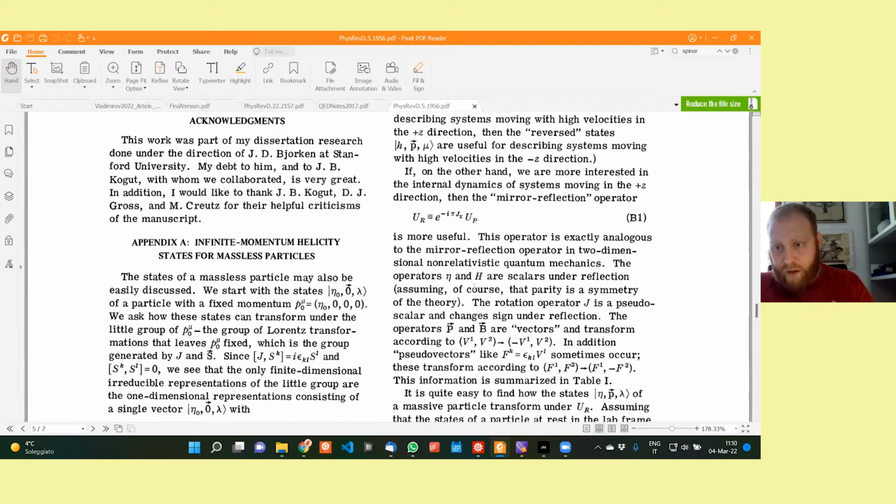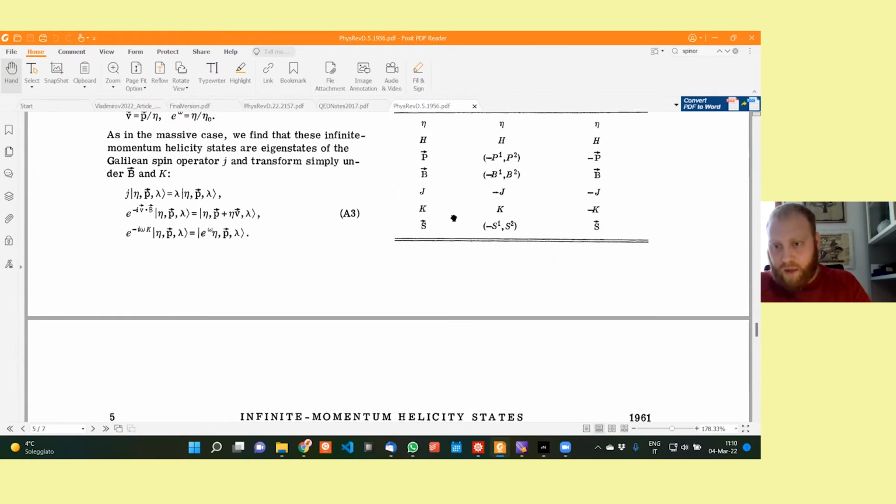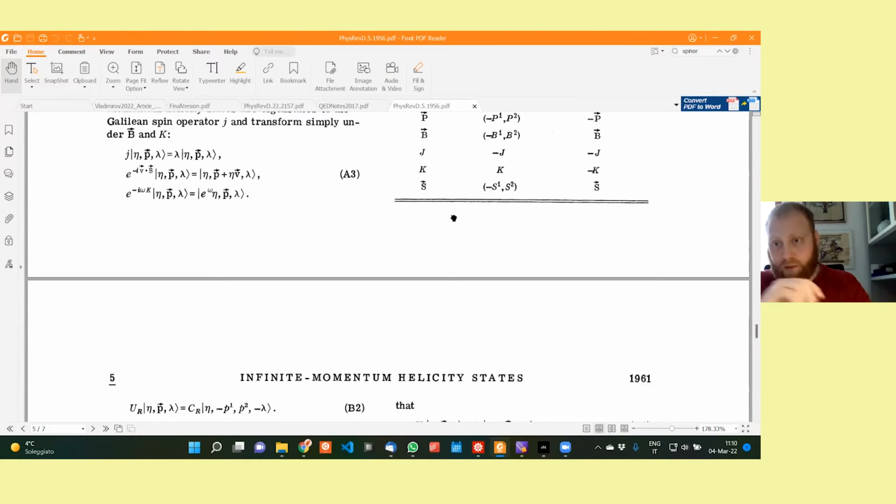You can identify a Galilean subgroup, and these two, what Soper calls UR and U tau, are more or less parity and time reversal, quote unquote, in this Galilean subgroup. So what you really want to do is not touch your light cone directions. Your theory has global symmetries, but like time reversal, the problem is that it maps two different quantization procedures onto each other.